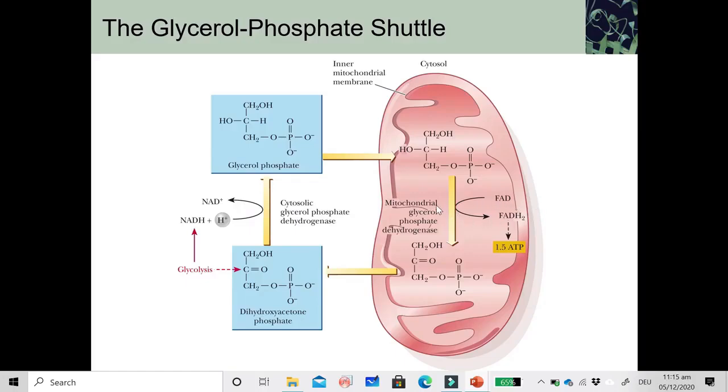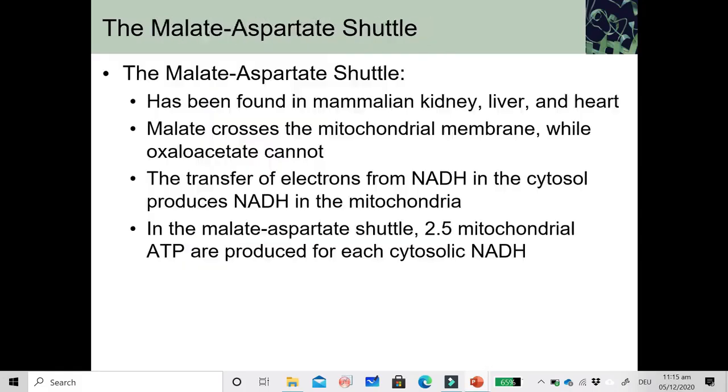The mitochondrial glycerol phosphate dehydrogenase produces FADH2, and remember, FADH2 bypasses complex 1, and so instead of forming 2.5 ATP, you just produce 1.5 ATP for every one mole of FADH2, which of course means for every one mole of cytosolic NADH. That's the glycerol phosphate shuttle system.